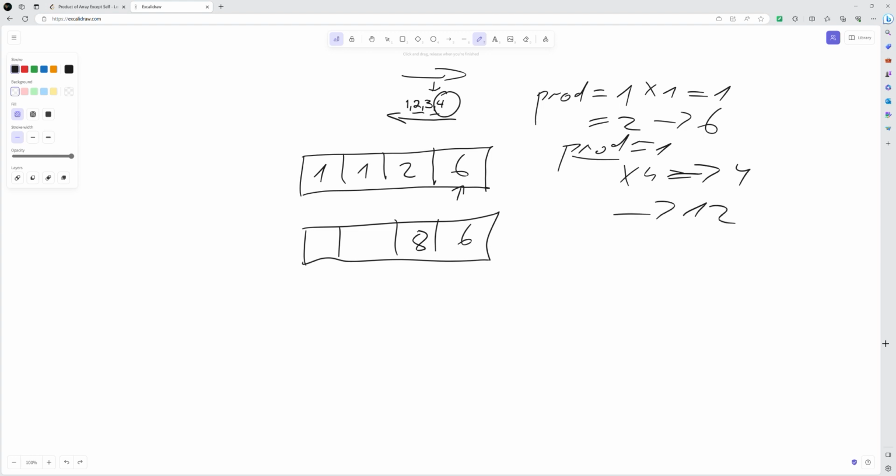So for the next element, we will put 12, and that's our number 2. So we'll multiply by 2. Our product will become 24, and for the next element, we will just write our current product, which is 24. And because we are at the beginning of our array, we are done with the iteration.